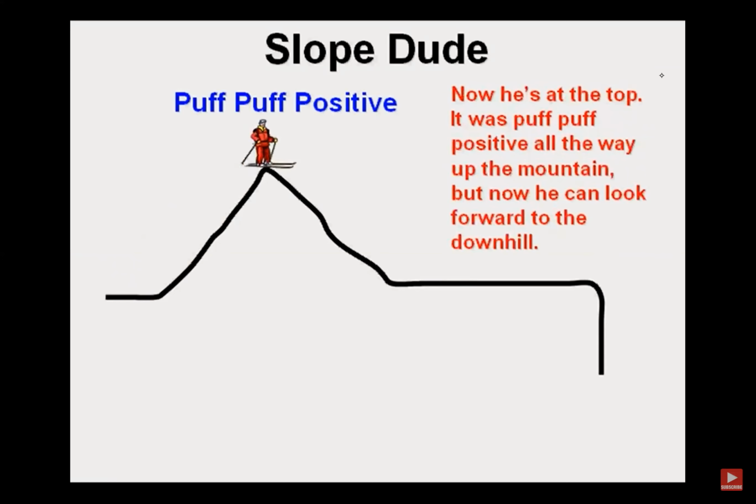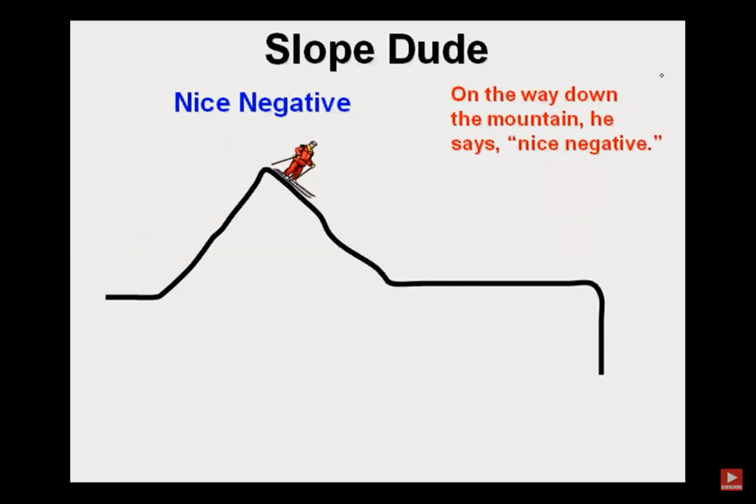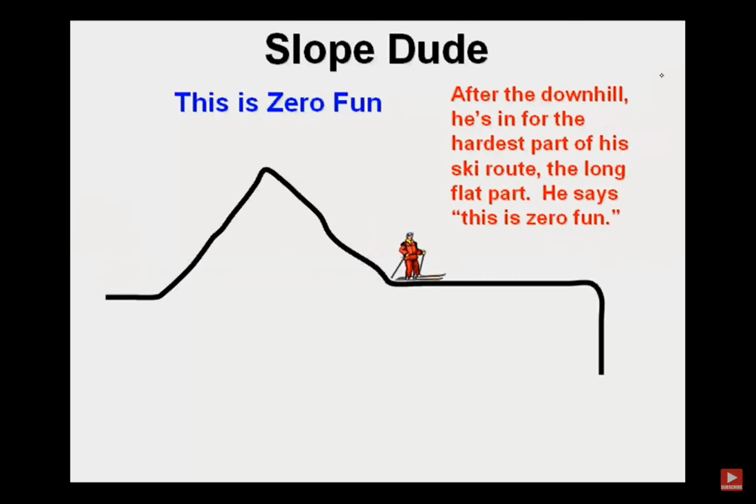Now he's at the top. It was puff, puff, positive all the way up the mountain. But now he can look forward to the downhill. On the way down the mountain, he says, nice, negative, nice, negative. And now after the downhill, he's in for the hardest part of the ski run, the long flat part. He says, this is zero fun.